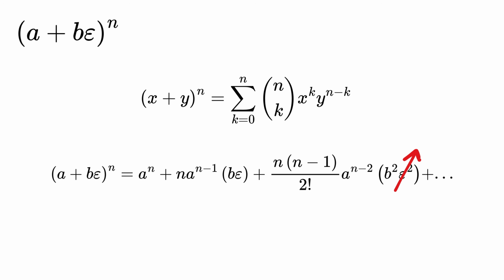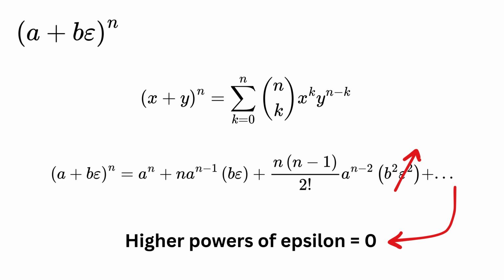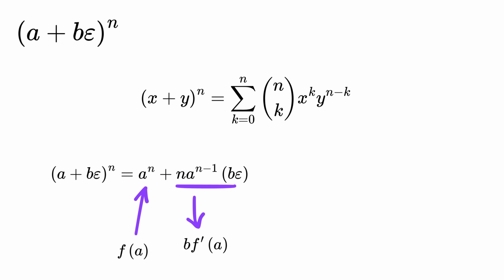But since epsilon squared is 0, all terms that have epsilon squared or higher powers of epsilon become 0. So we are left only with the first 2 terms. That is these two terms. This is the beauty. The first part gives the value of the function at a, and the second part, which is the coefficient of epsilon, gives this, which we all know is the derivative of the function at a times b, and therefore we set b equals 1.